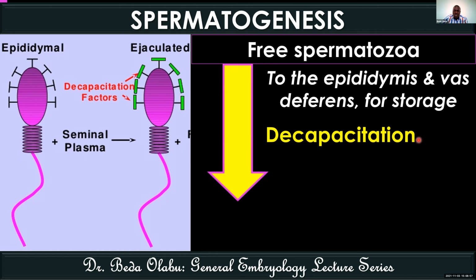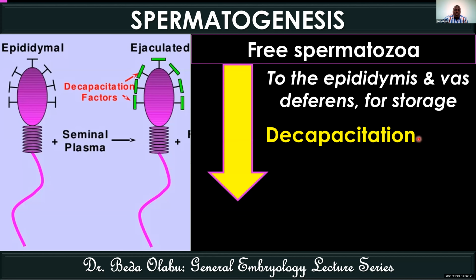So if they start looking for the oocyte there, they'll not find it, and they'll be very tired. So that when they are put in the actual battlefield in the female tract, they may just look at one another and do nothing much. They're so tired. So maybe that's why the sperms must undergo decapacitation.